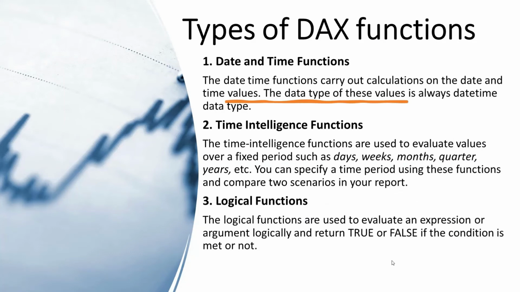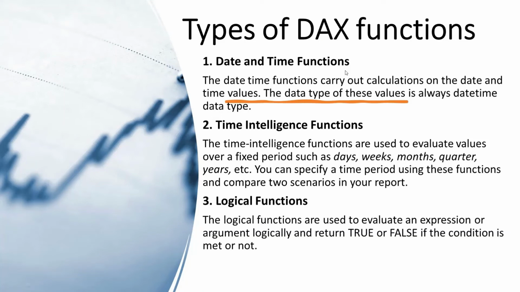So, let me tell you more about different types of DAX functions. The major types of DAX functions are date and time functions. The date and time functions carry out calculations on date and time values. The data type of these values is known as the datetime data type.